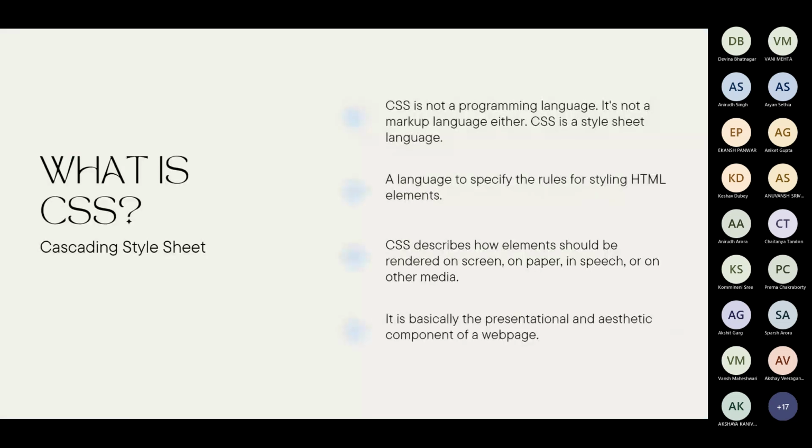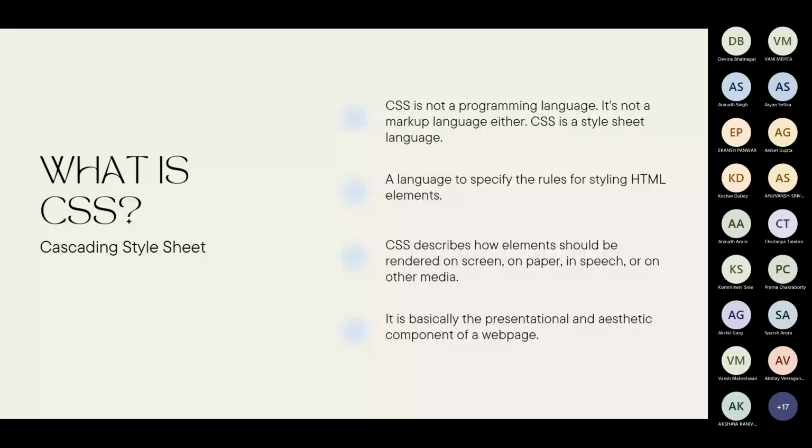Okay, so what is CSS? It stands for Cascading Style Sheet. So there is meaning to the first word and then the next couple of words. A style sheet is just a sheet containing styles for HTML elements, and cascading, we'll get to that later. So CSS is not a programming language. It's not a markup language.